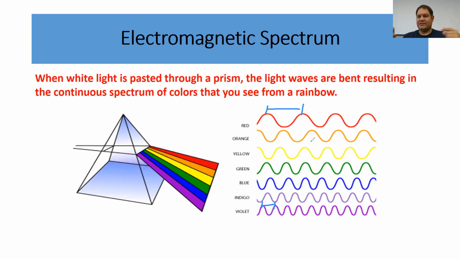So red looks red because the electromagnetic wave that's creating red light to us has a certain wavelength and a certain frequency that our brain determines that information as red or orange or yellow or so forth like that. So all I'm saying is that there are different electromagnetic waves out there, and those differences are based on their frequency and wavelength, all right?